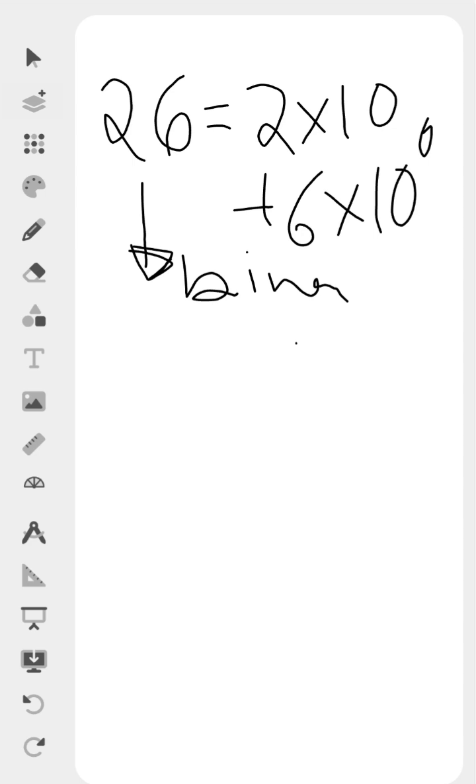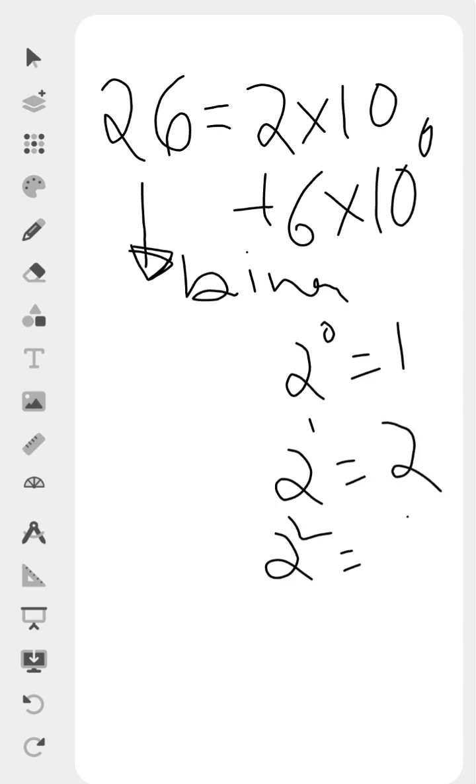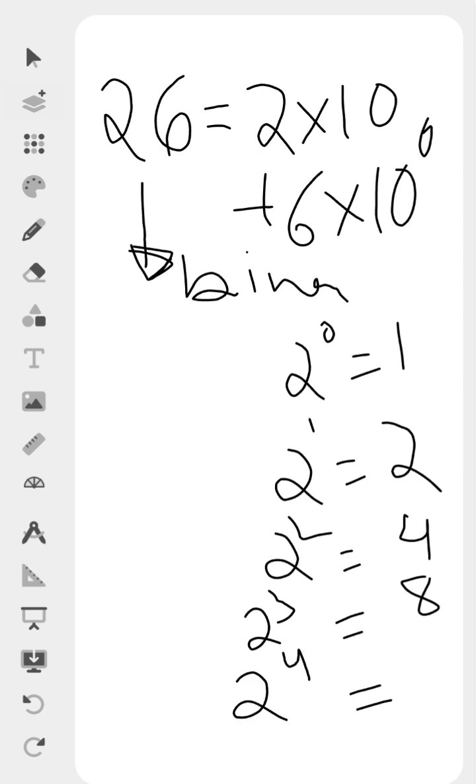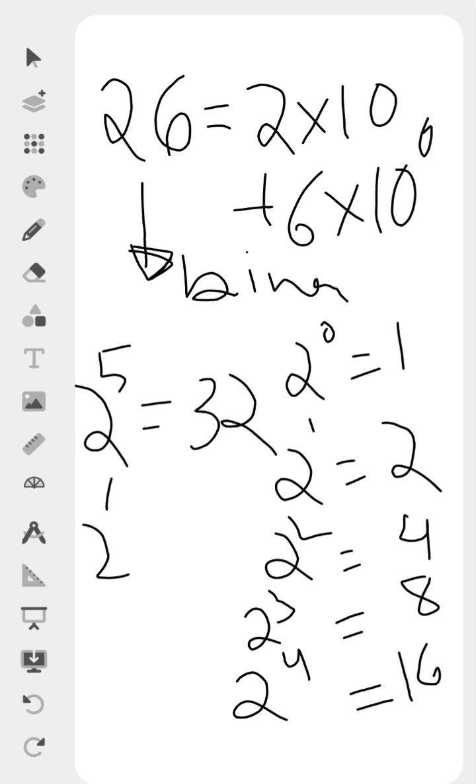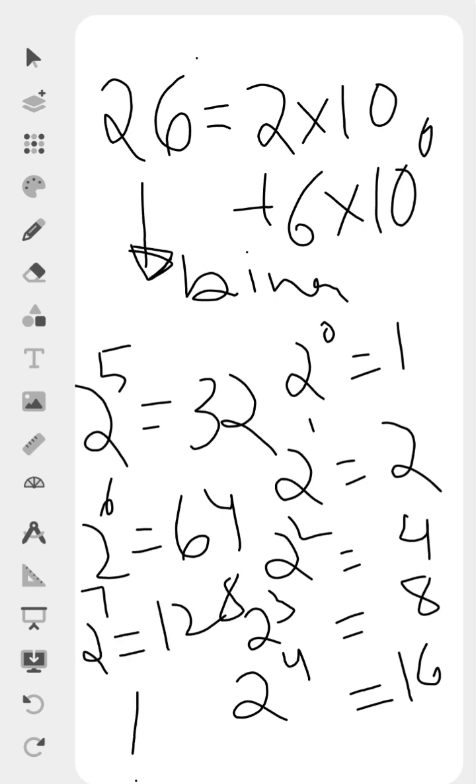So 2 to the power 0 is 1, 2 to the power 1 is 2, 2 to the power 2 is 4, 2 to the power 3 is 8, 2 to the power 4 is 16, 2 to the power 5 is 32, 2 to the power 6 is 64, and 2 to the power 7 is 128, and so on and so forth.